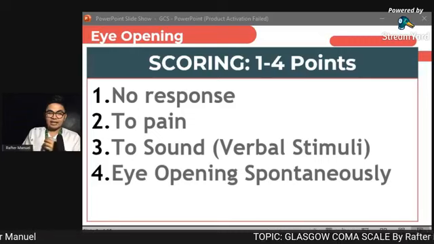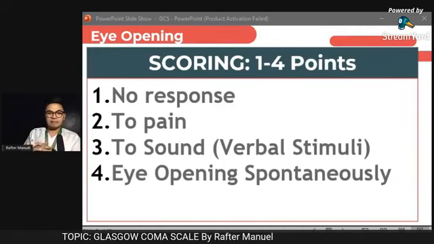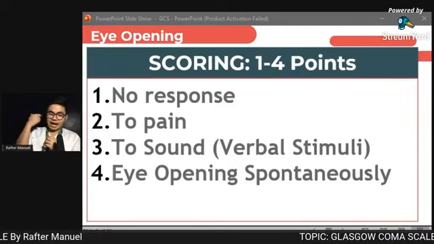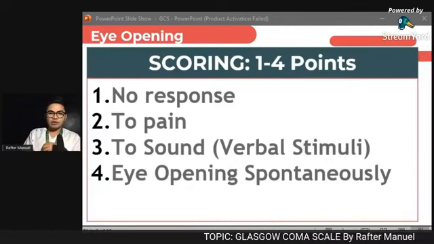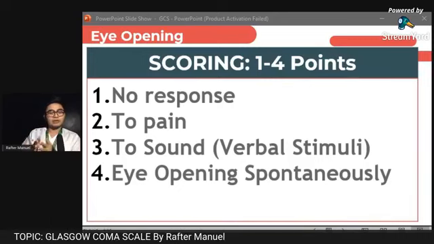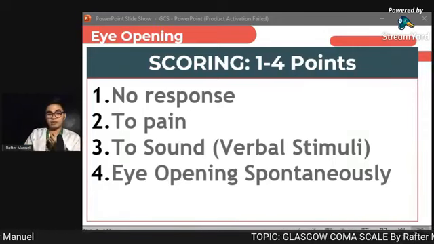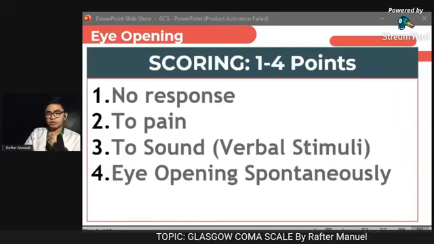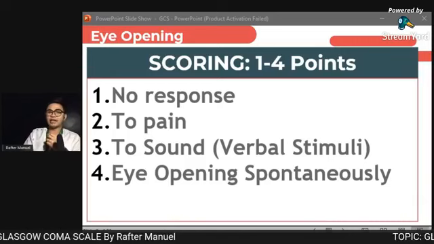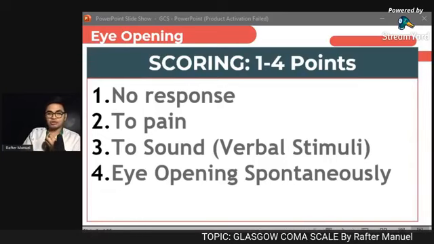It is also very important to know that this can be impacted by things such as orbital fractures, eye swelling or swelling around the eyes, scarring, or wounds, or anything that could prevent them from being able to open their eyes when they otherwise normally would. So it's very important to take these factors into consideration.